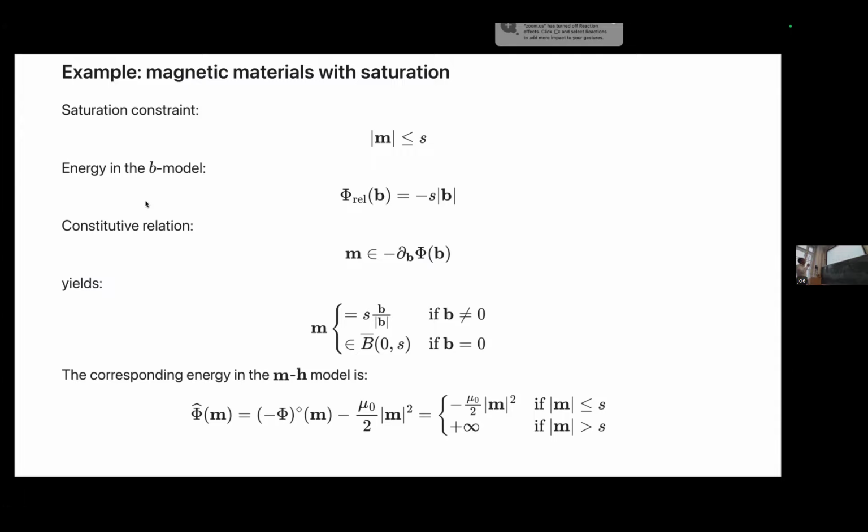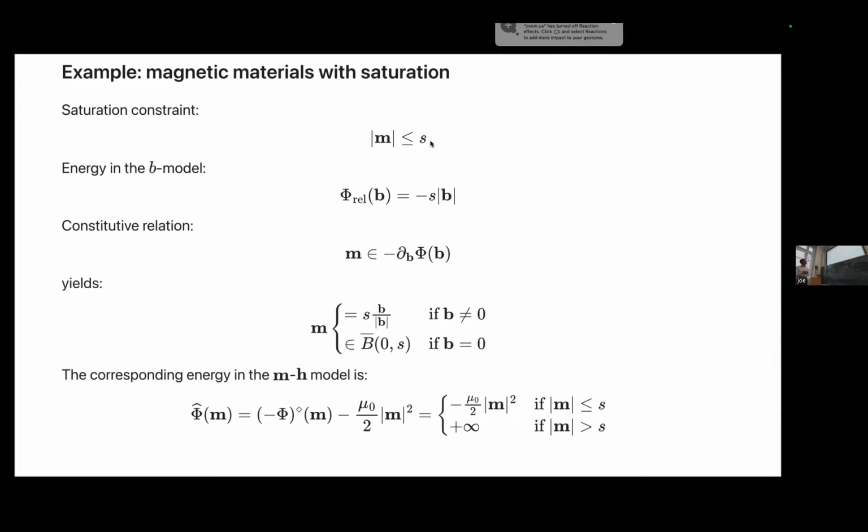And so if you look at the B model, the energy of the B model is minus the saturation magnetization times the intensity of the magnetic field B. And the constitutive relation, that is in fact the Euler-Lagrange equation of the functional, tells you that if B is different from 0, then the intensity of the magnetization is equal to the saturation magnetization, and the magnetization is parallel to the B field.